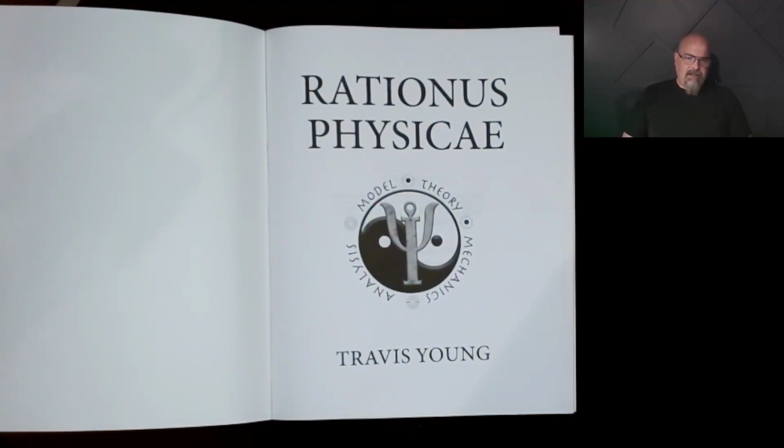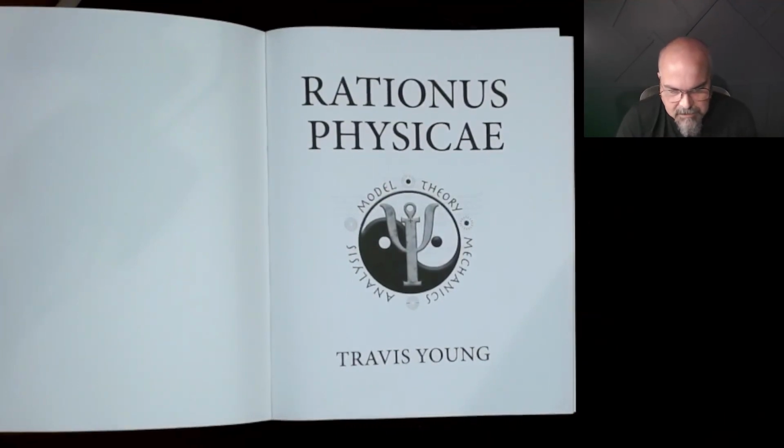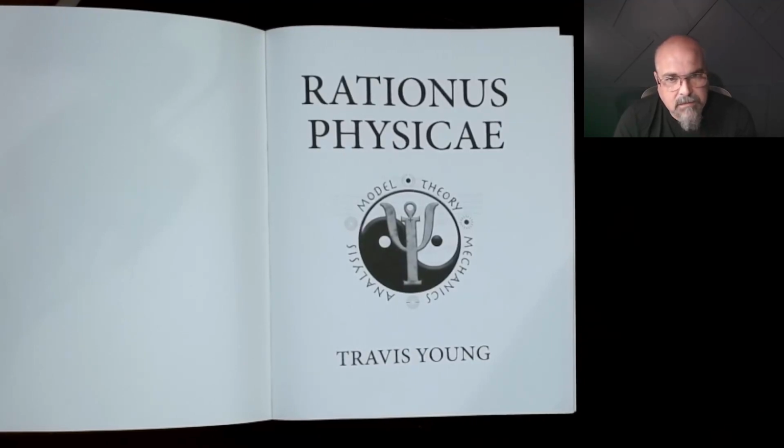So there you have an idea of what I'm talking about. Now, this creates more problems. If I'm right and the moon is a magnetic monopole, and it is, then we have an even bigger problem.